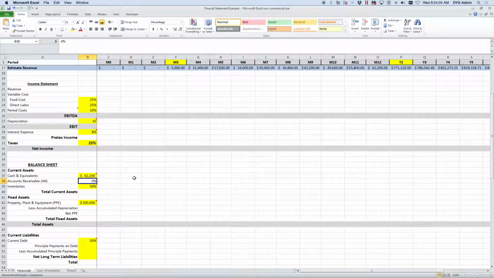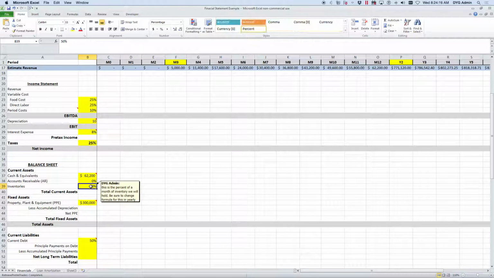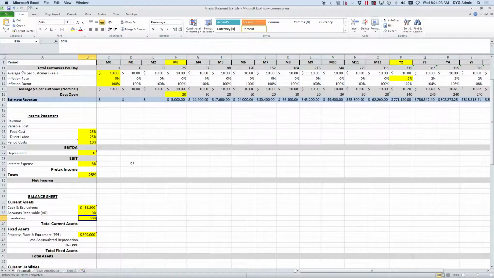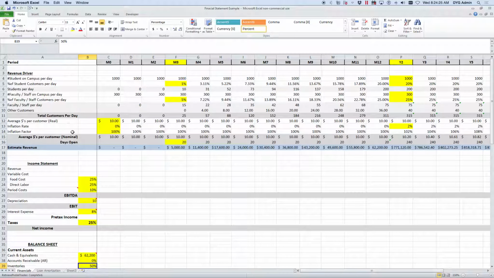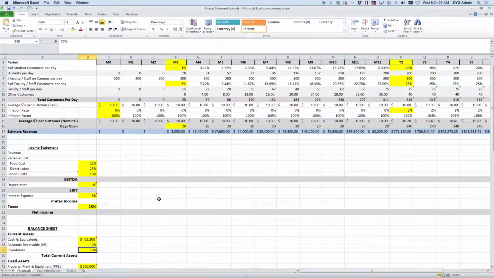I assumed accounts receivable of 0%. We're just going to pay everything off. If you were going to do an accounts receivable, you would need to do that on some percentage of monthly sales. Inventories. This one is not actually on a sales basis. Inventories are based on food cost, and so it is a percentage of the monthly food cost.